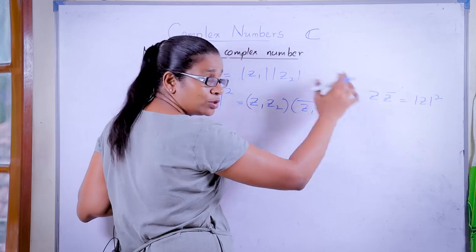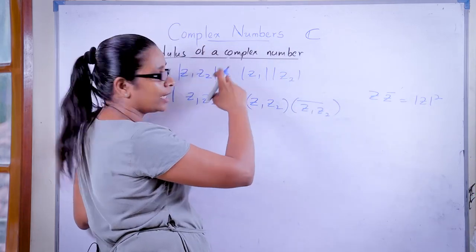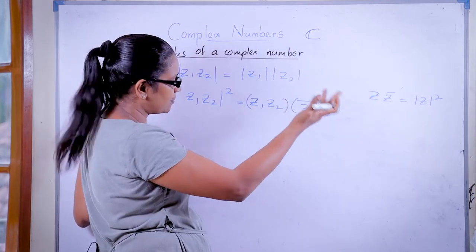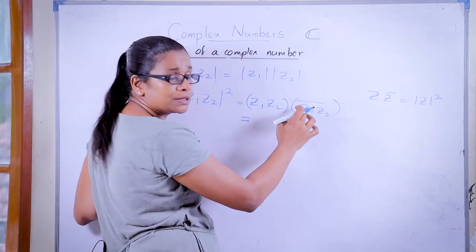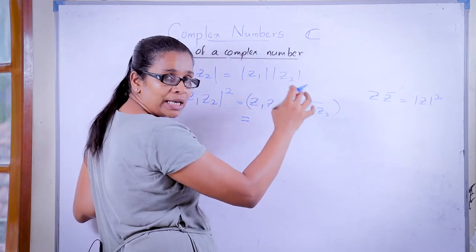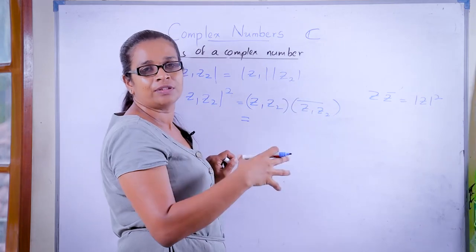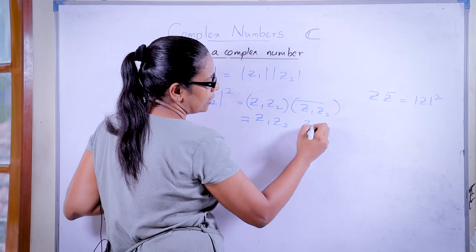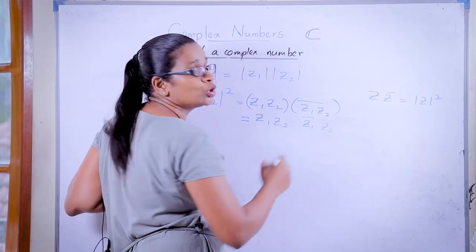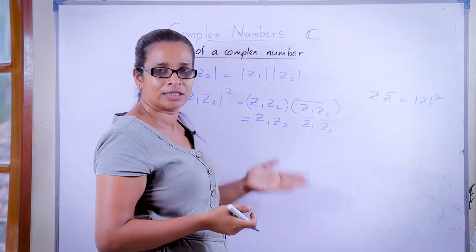I used the theory I explained before. Now you know that when you get the conjugate of the product of complex numbers, you can consider them separately: z1 bar into z2 bar. This I also proved in this video.